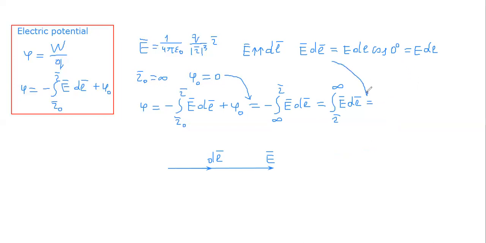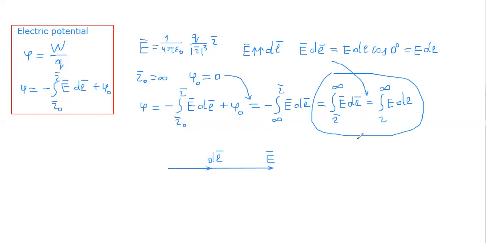As a result, because the field is potential, we can write this without vectors, E dl. And it is necessary to notice that we can do this for potential fields only.